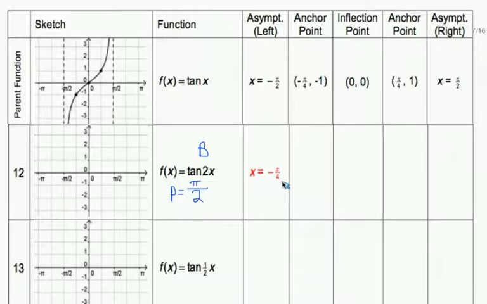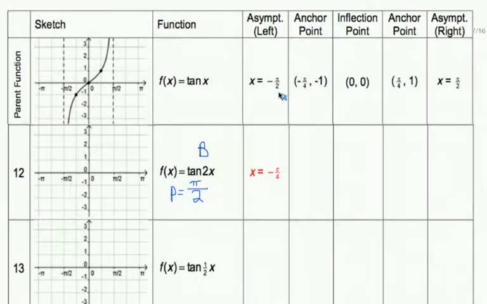Hold on, let me keep track. Keep flip change. Pi over 2 divided by 2: keep pi over 2, flip the 2 and it becomes 1/2. Yep. All right, hopefully you all did the mental math on keep flip change.